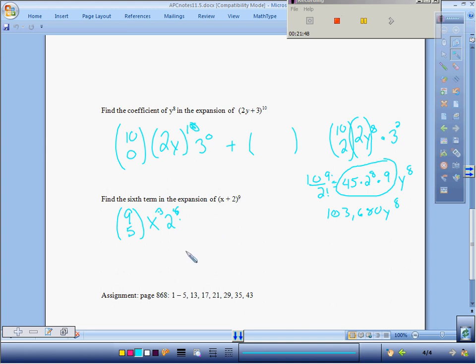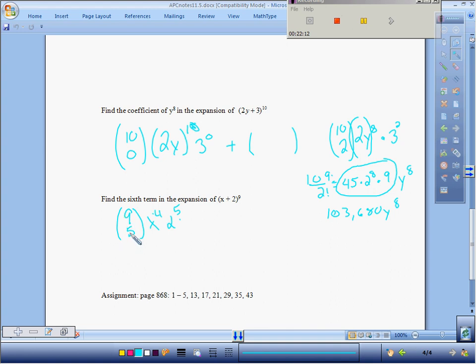Let me look at my notes. Hold on. No, that's wrong. It would be x to the 4th. That's right. This would be x to the 4th, 2 to the 5th. So this and this number are the same, okay? And this number you get from subtracting it from 9.